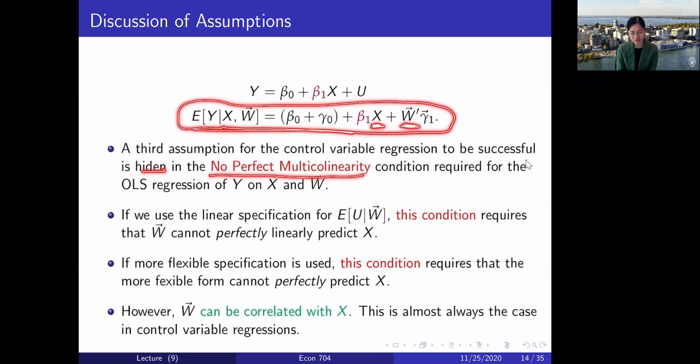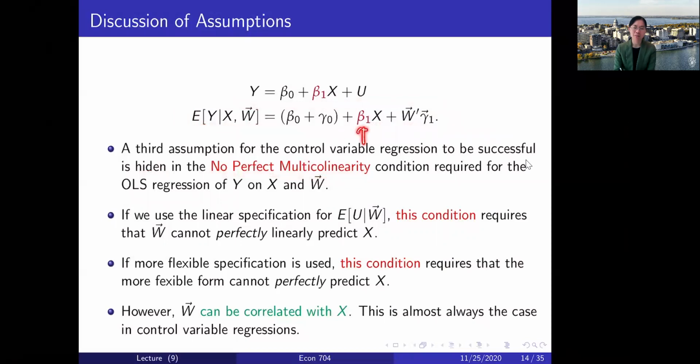If there is, then clearly this OLS regression of y on x and w will not be possible, and our ability to estimate beta 1 consistently is also sabotaged. So what that means is if we use a linear specification for E[u given W], if we make W enter linearly, then this condition means W should not be able to perfectly linearly predict X.